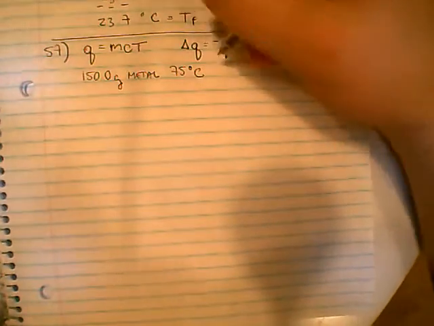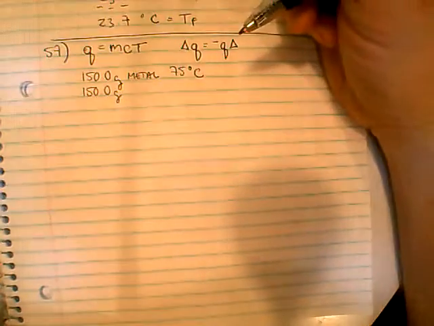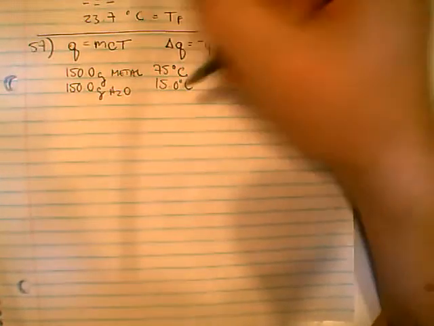So 57 is telling us we have a 150 gram sample of metal, right? We know that it is 75 degrees Celsius, and we are adding it to 150 grams of water, and the water is at 15 degrees Celsius. All right, simple enough.